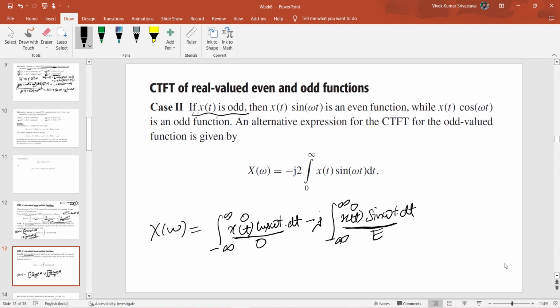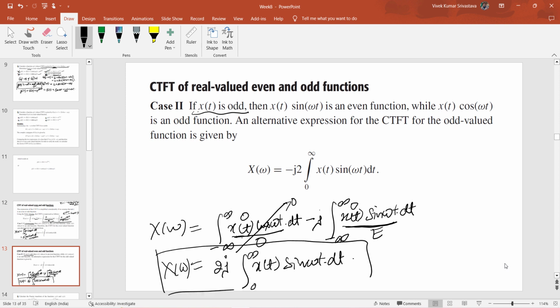So the first term goes to 0 once you integrate from minus infinity to infinity, and X of omega is twice of j times the integral from 0 to infinity of x of t sine of omega t dt. By using this equation we can evaluate the Fourier transform of an odd function.